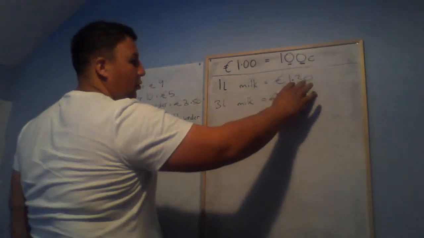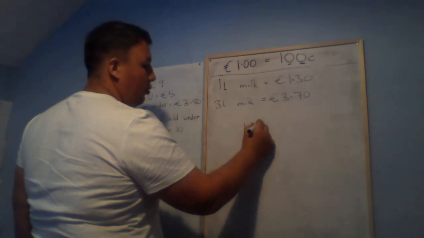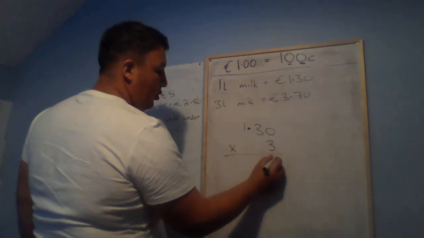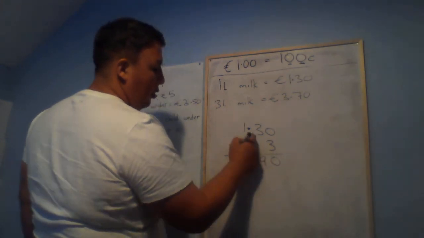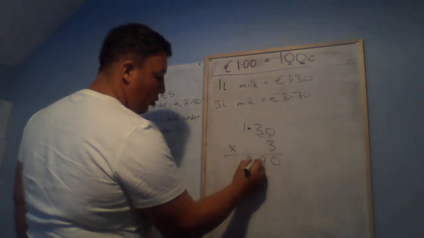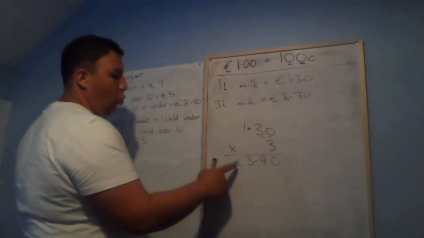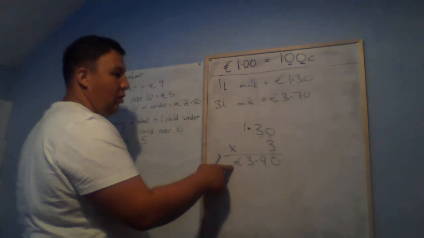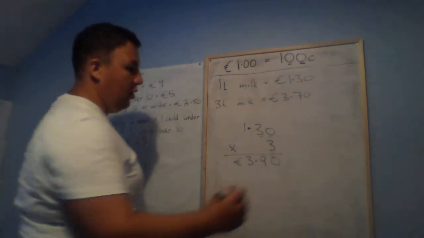So what we have to do then is multiply our answer here by 3, okay? And this one is pretty straightforward. So 3 zeros 0, 3 threes is 9, 3 ones is 3. 2 decimal places in our question, 2 in our answer. Okay, so using the 1 litre cartons, it will cost us €3.90 versus €3.70 if we're using the 3 litre carton.